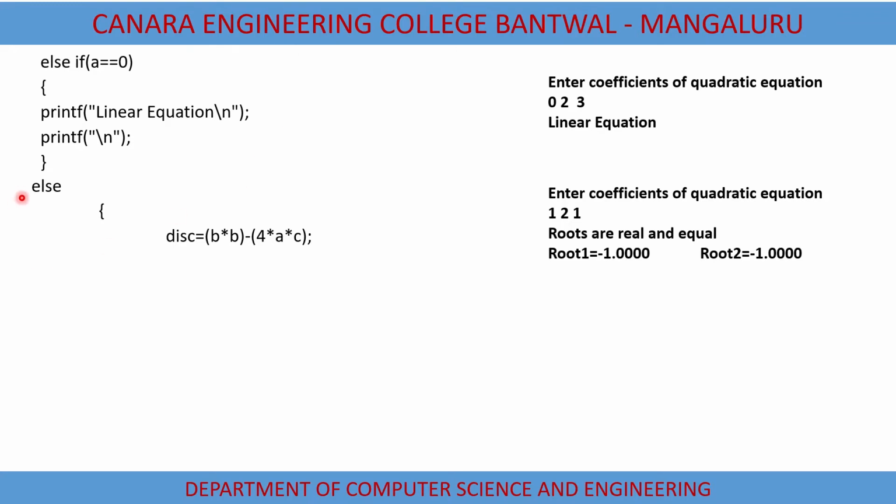Then it goes to the else part of that if, and it calculates the discriminant value by applying the formula B into B minus 4 into AC. After getting the discriminant value, it is going to categorize three things: whether the discriminant value is 0, whether it is greater than 0, or whether it is less than 0.